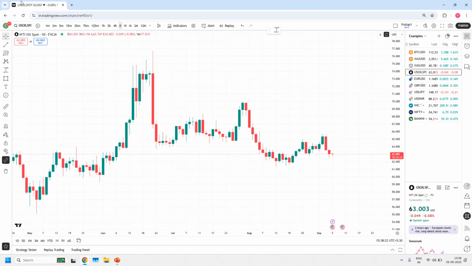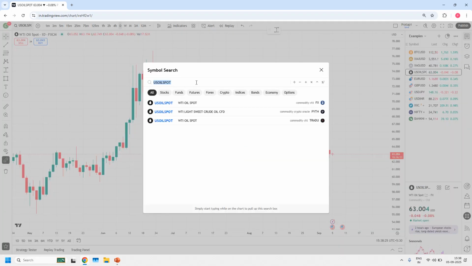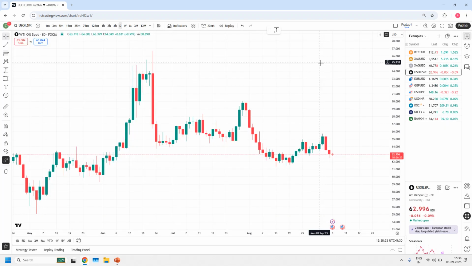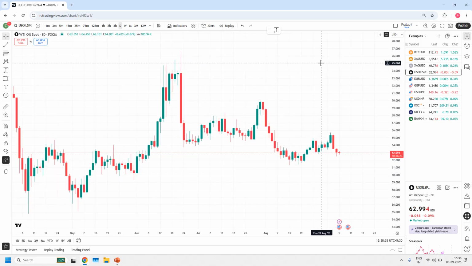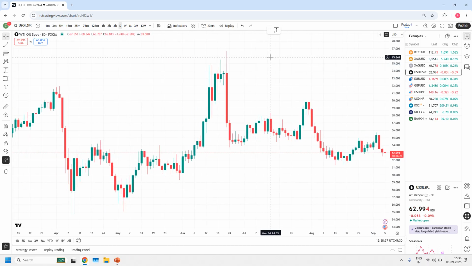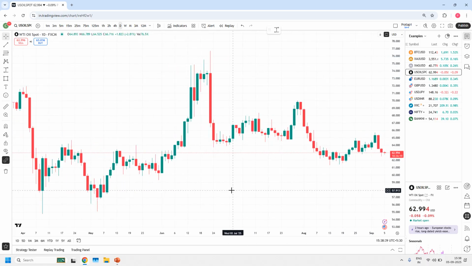This is also an international market, a 24-hour market. That is the US oil spot price. That is the symbol, US oil spot. Okay, if you look into this chart, here you can identify a large candle.